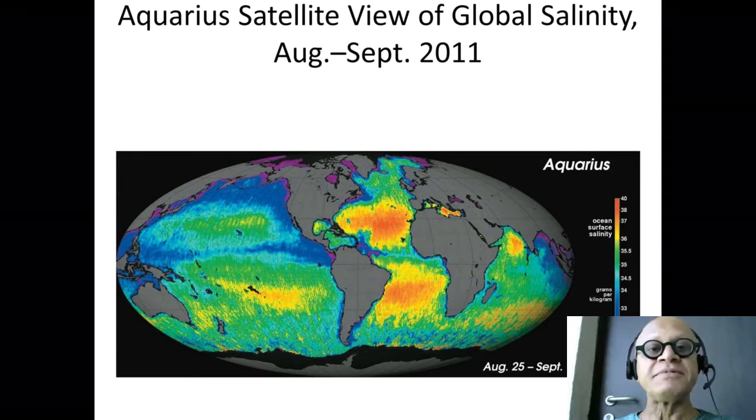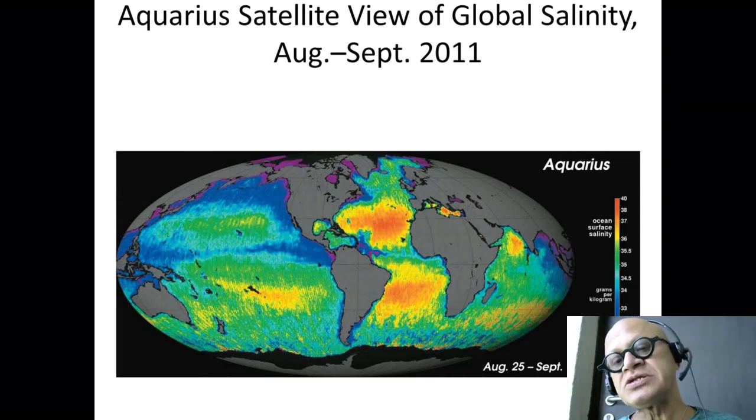Remember, we said the Pacific occupies almost 50% of the surface area of the oceans. The dry air that will come off from the Sahara, for example, is going to pick up a lot more moisture, and similarly here, air coming off from Southern Africa is going to pick up a lot of moisture.